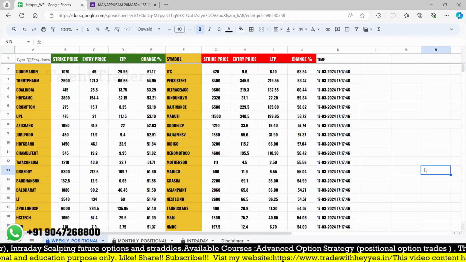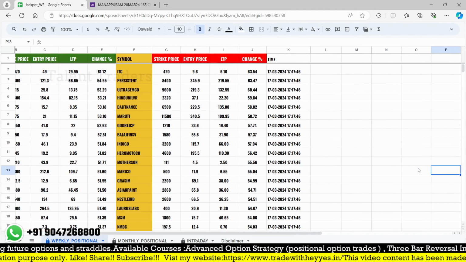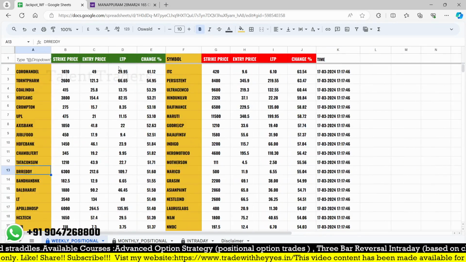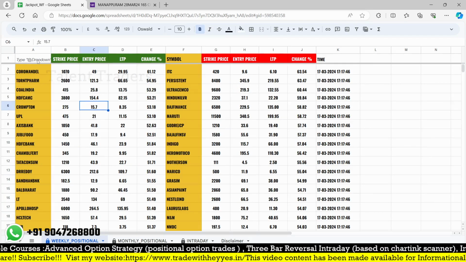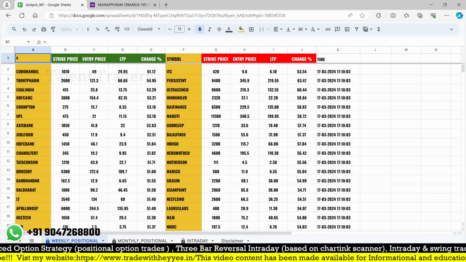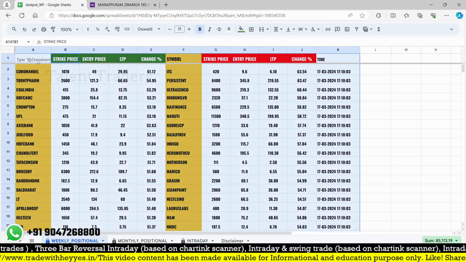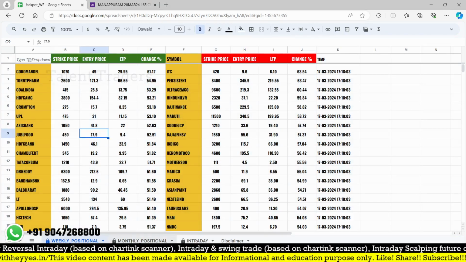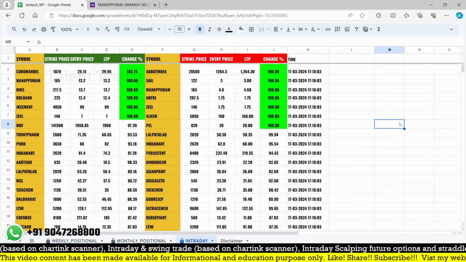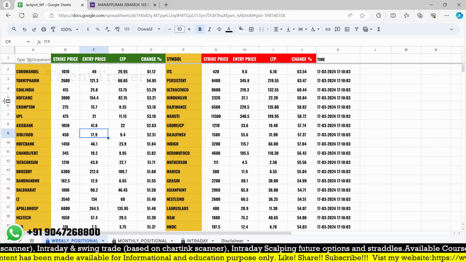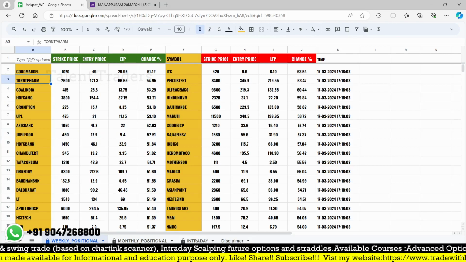That is a very important thing. So that got updated, here is the symbol and intraday. Everything is updated for tomorrow. Those who are already using our sheet can track this also.